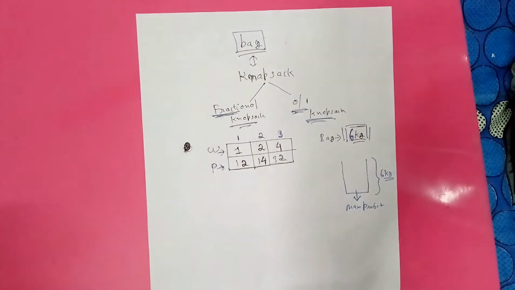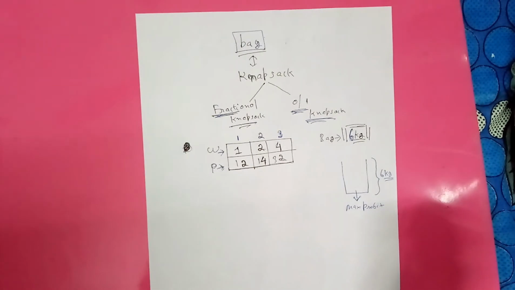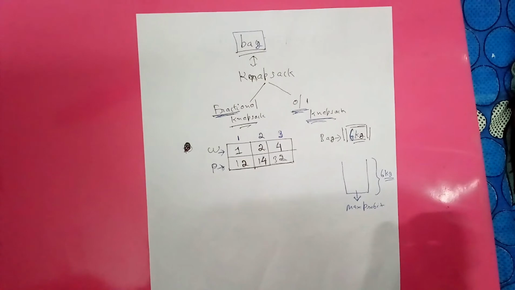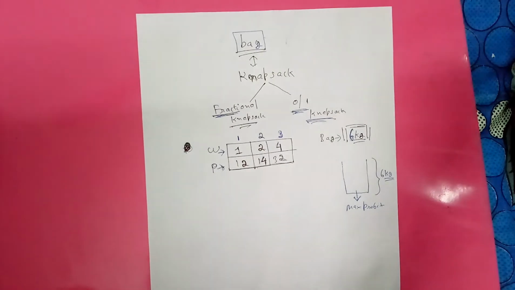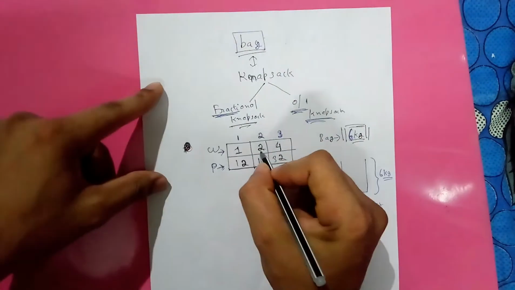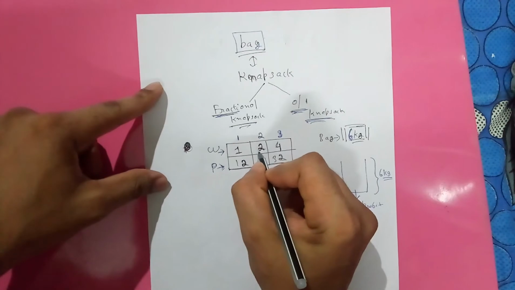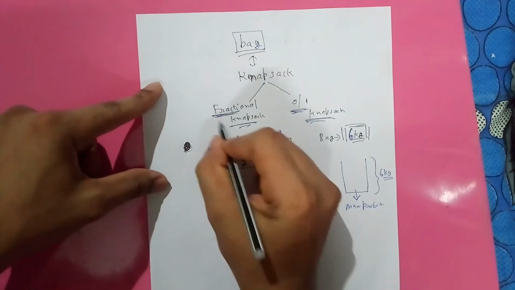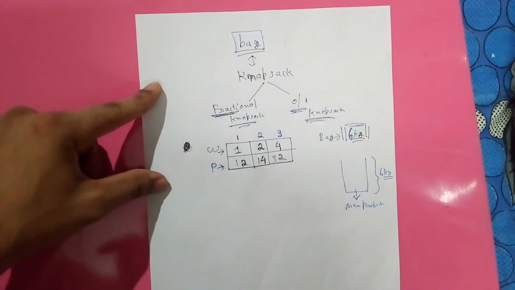I can tell him to give 250 grams or 500 grams. That is fractional knapsack. I can ask for a fraction of a thing. If an item is of 2 kg, I could ask him to give 1 kg. This is the meaning of fractional knapsack.